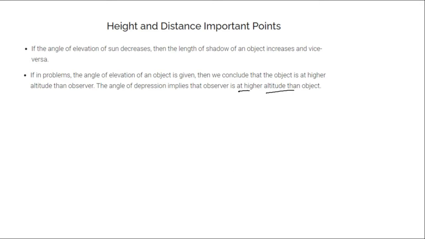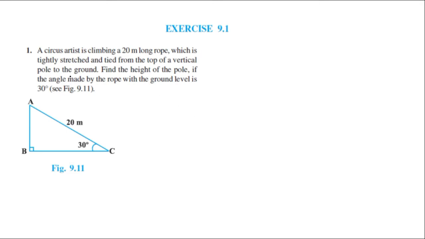First question is, a circus artist is climbing a 20-meter rope which is tightly stretched and tied from the top of the vertical pole to the ground. Find the height of the pole if the angle made by the rope with the ground level is 30 degree.